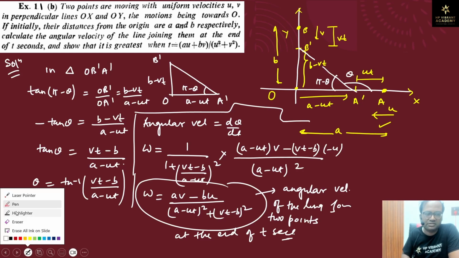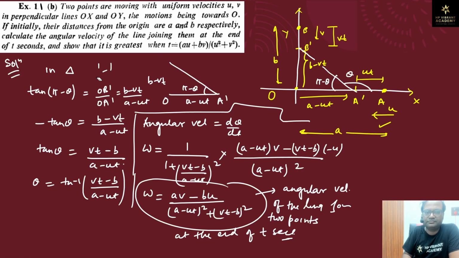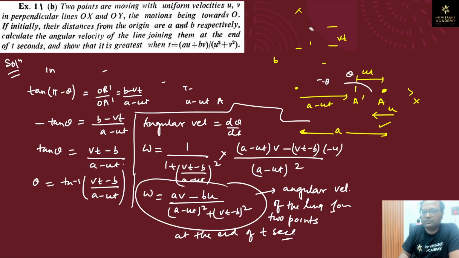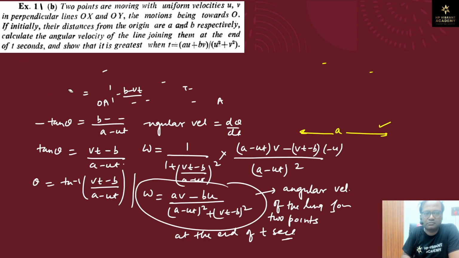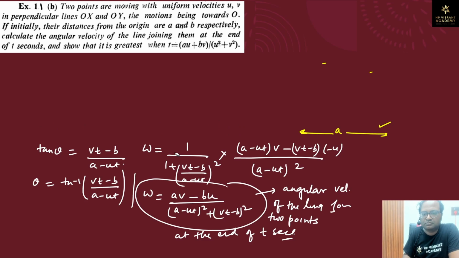Okay, so we have the angular velocity as AV minus BU upon (A minus UT) whole square plus (VT minus B) whole square.